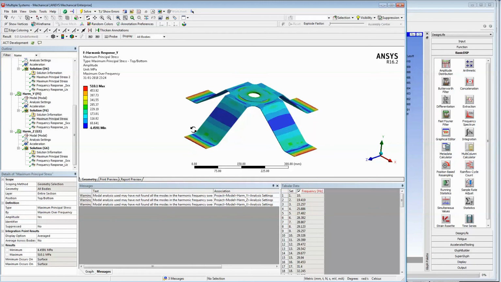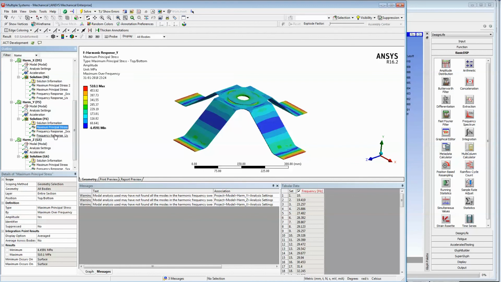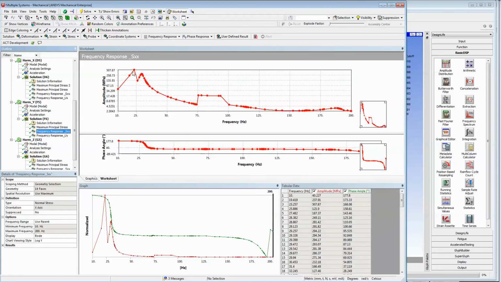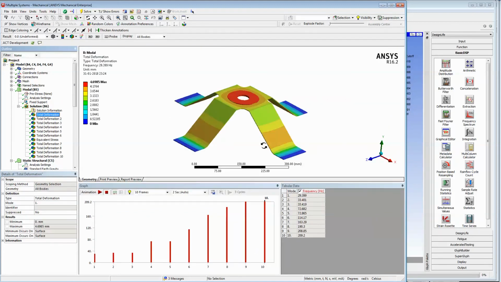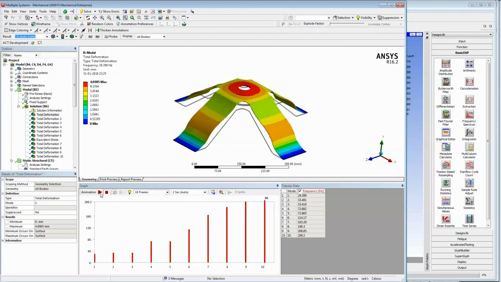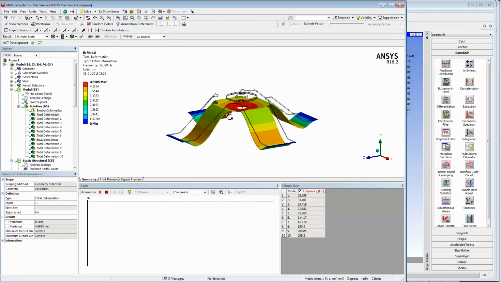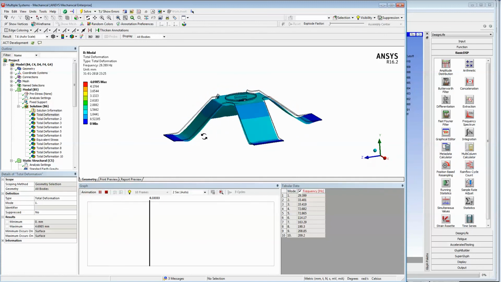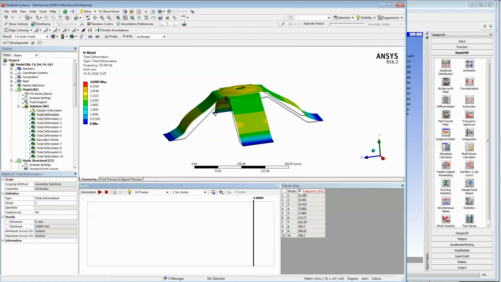This is causing the most damage. If you look again here, this is happening in the first mode. Let's see what the first mode is from the modal analysis. The first mode is something like this. Let's set some auto scale. So this is the Y direction mode. This is causing some problem. Probably we have to add some stiffener to make sure this product passes this particular test requirement.